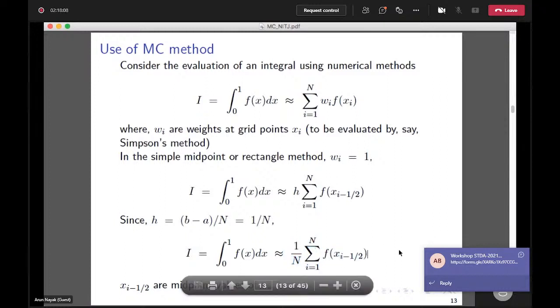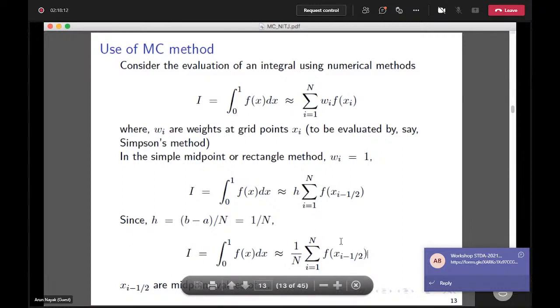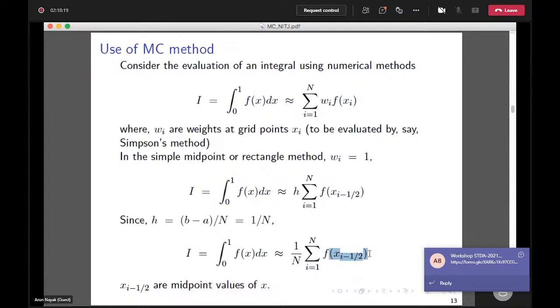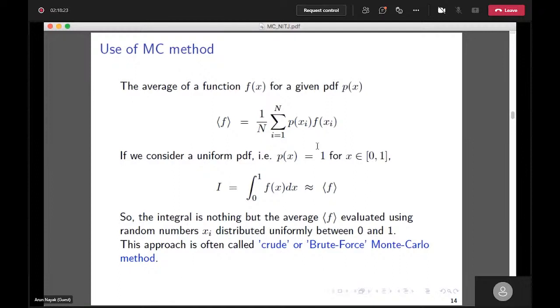Using the numerical method, when we take this midpoint method, we are averaging it for all these grid points, right? So in this case, we are basically doing the same. Okay, thank you, sir.